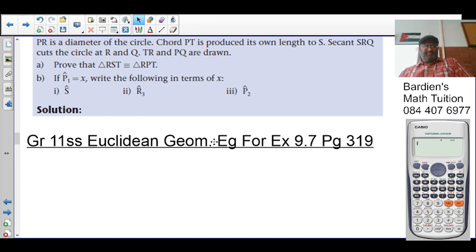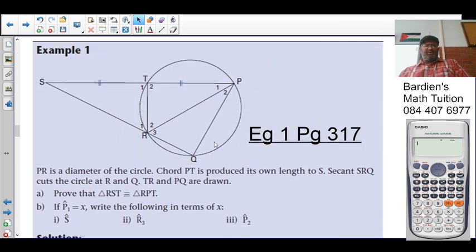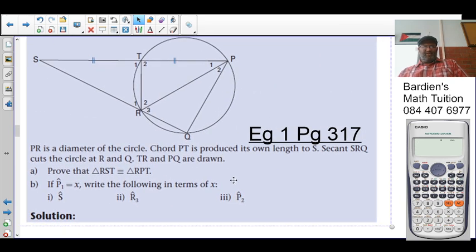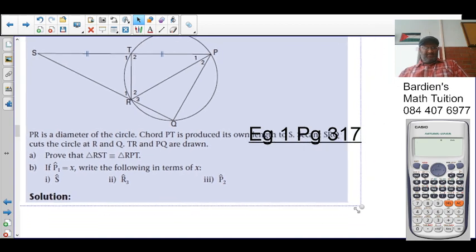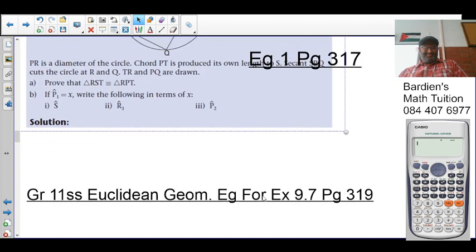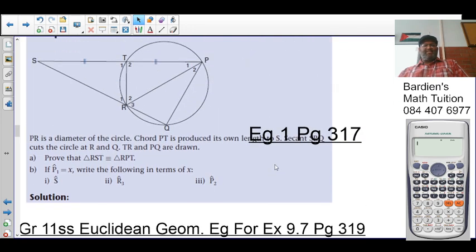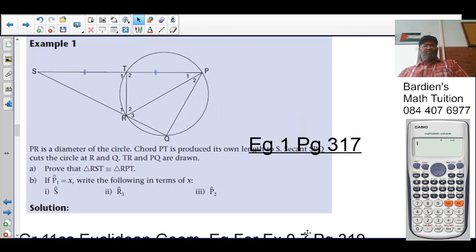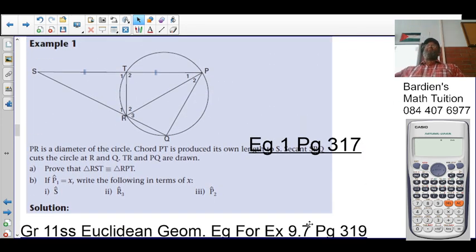Right, so let's do the first one. Are you finding the geometry hectic? If you feel that it's hectic at this point, I would start again from the beginning, from exercise 9.1, doing all the odd numbers and working your way all the way to where you are now. When you're done with that, you go back, do all the even numbers and work your way back. That's the only way you're going to master this.